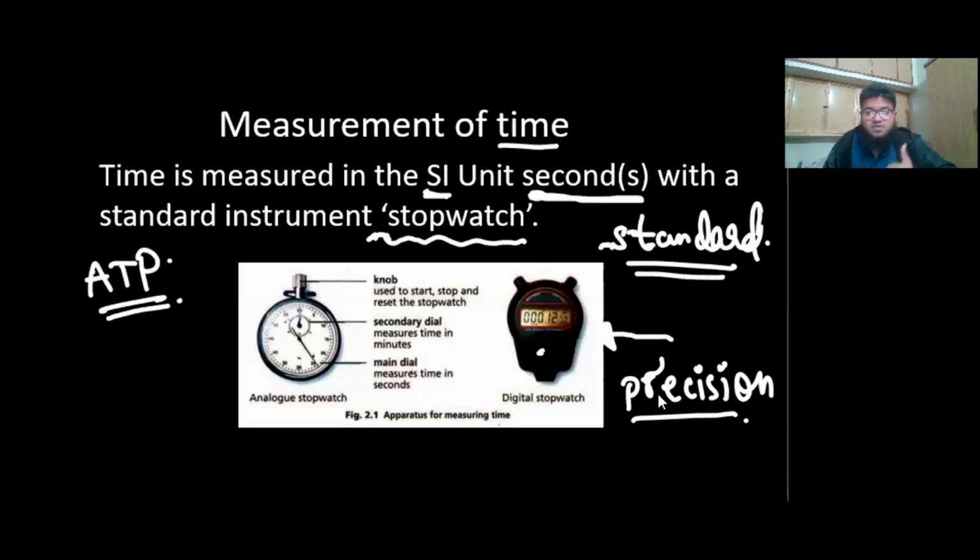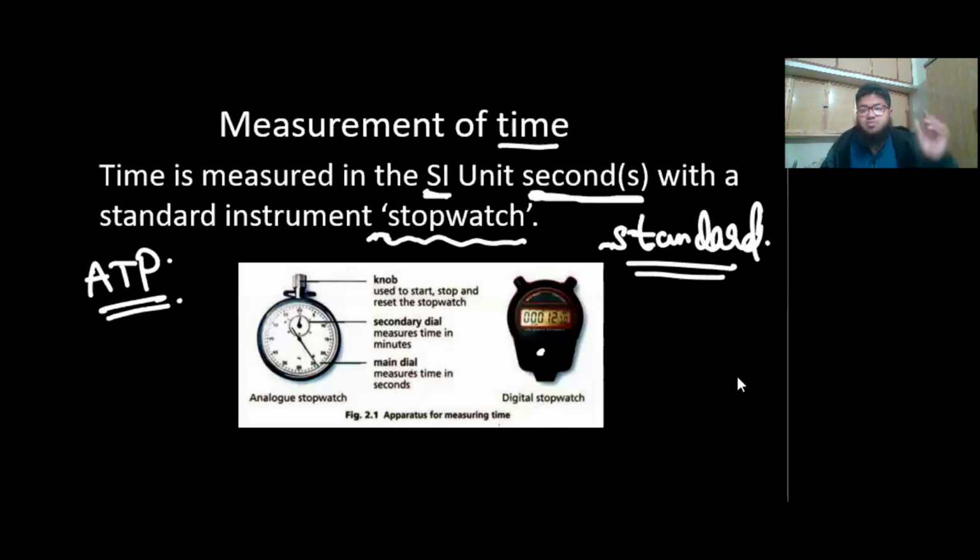So when we'll be doing the videos on physics, then we'll talk about precision in more detail. Okay, right now just ignore this term precision. Just know what it is. It's just the smallest unit of time that can be measured by an instrument. Okay, but just remember that these are the two instruments that we can use for measurement of time.